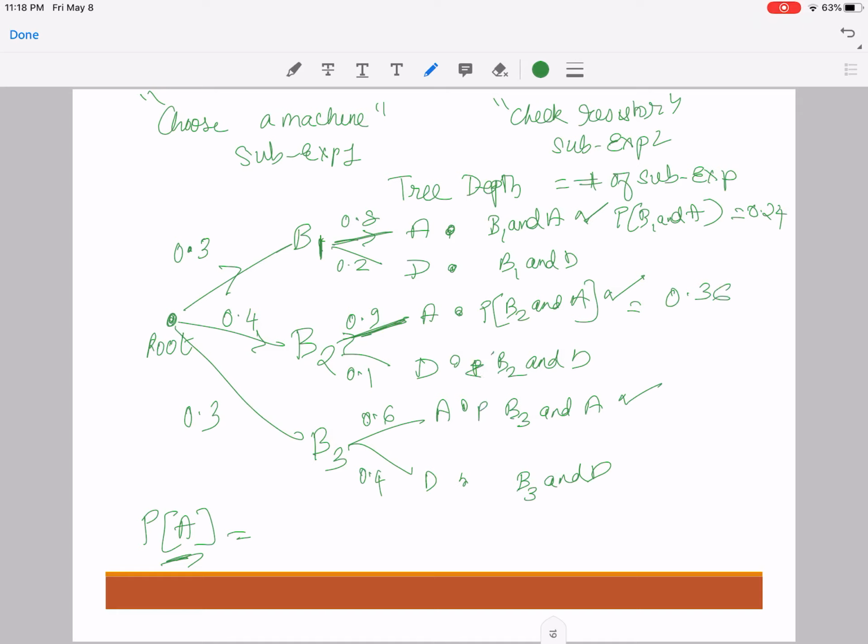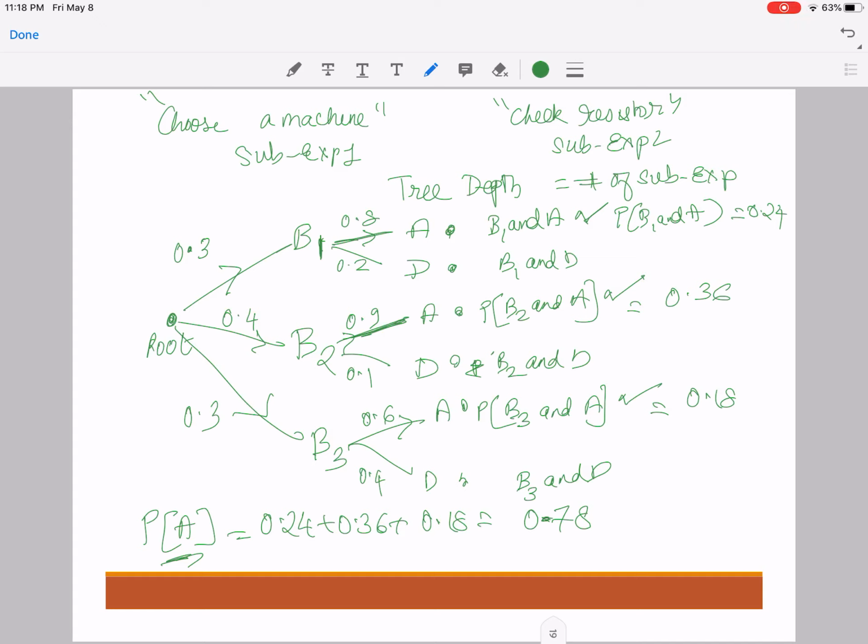Probability of B3 and A is 0.3 times 0.6, giving me 0.18. So I will add the probabilities of these leaves, and I'll find that I get the same answer that I got initially when I solved this problem previous time, and that is 0.78.